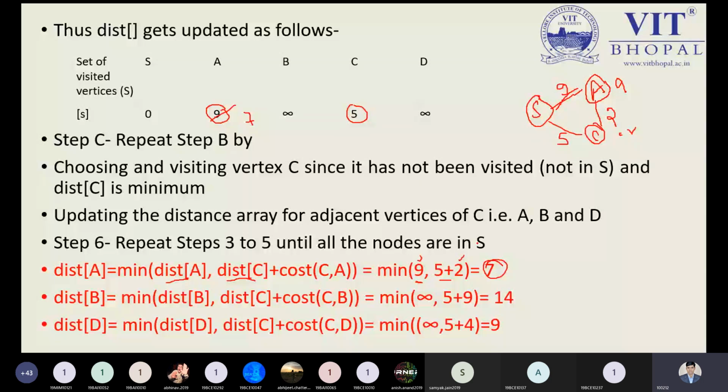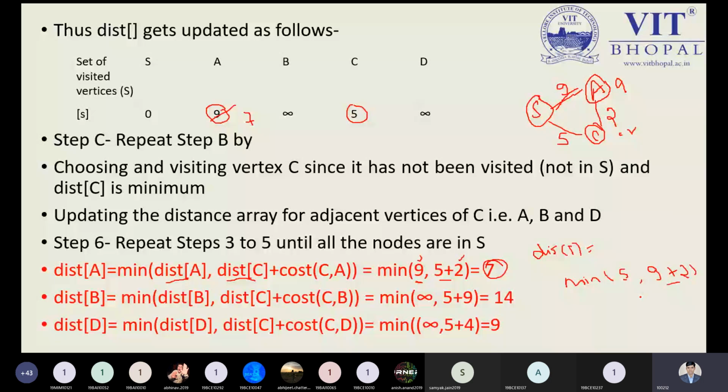Now I'm just coming on that point. Before that point, let me calculate once again distance of C. Suppose I'm just coming from C to A. So how to determine minimum? Distance A, distance C. So what was the value of distance C? That was 5, comma, and distance of A, that would be the 9, plus 2, so it will be 11.